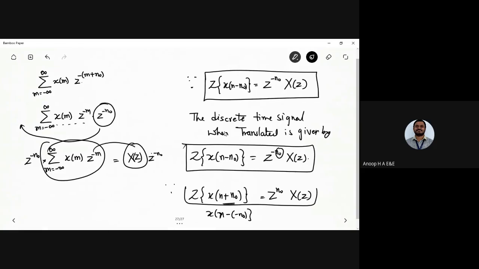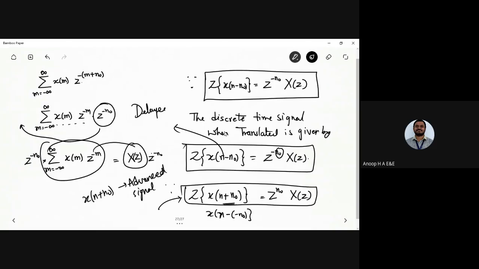This is how I can write it for x of n plus n naught. This signal x of n plus n naught will be the advanced signal, and this one would be the delayed signal.